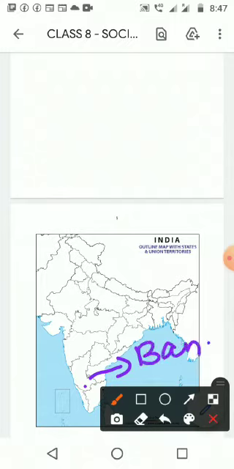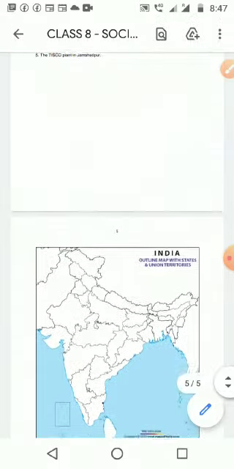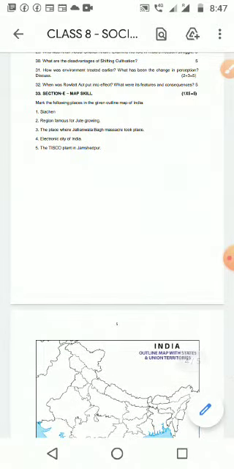This time be careful when you are making the map. Draw the outline map on paper and keep it ready early. Don't wait for the exam day. You can draw it and keep it early, and according to the question you can find out the places and note them.